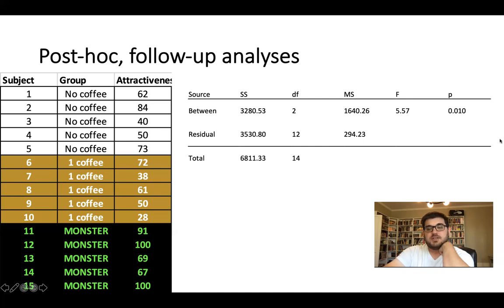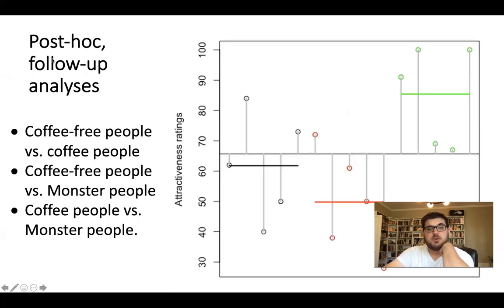Once you've rejected the omnibus null hypothesis with an ANOVA, you're then allowed to do something called a post hoc or follow-up analysis. That's when you actually go through the work of figuring out, okay, now that we know there is a difference somewhere, let's figure out which groups are actually different from each other.